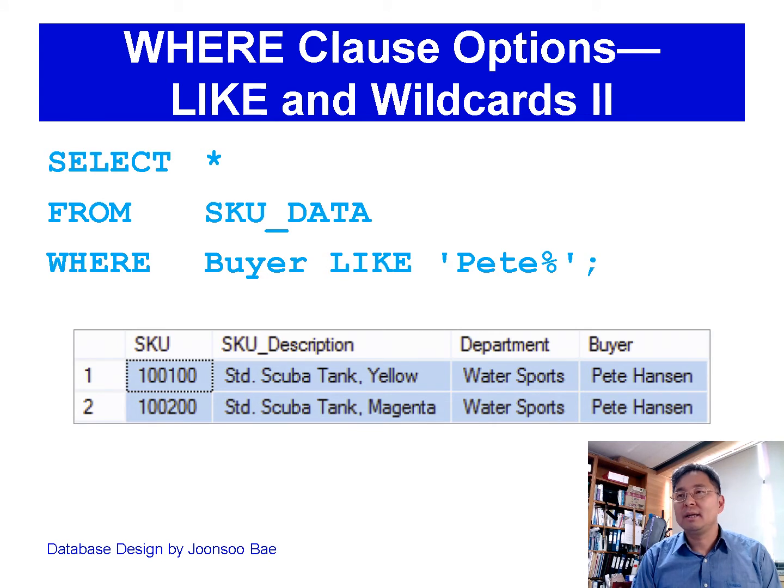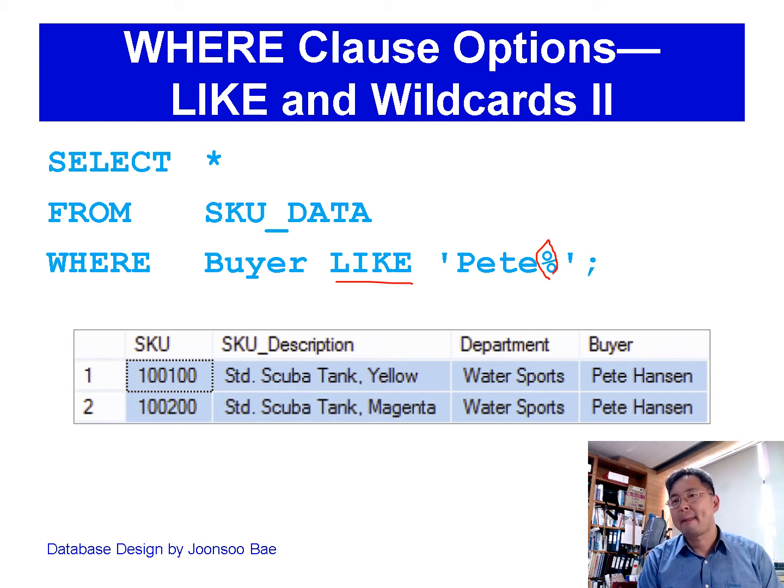So this is an example of LIKE and a wildcard character. Here, SELECT all FROM SKU_DATA WHERE buyer LIKE and this wildcard character. But this example seems wrong here.